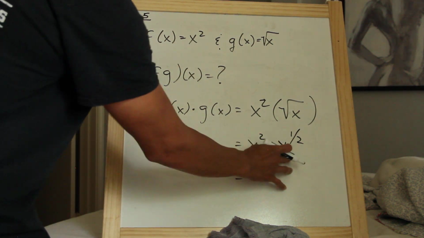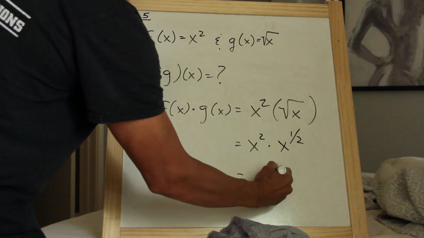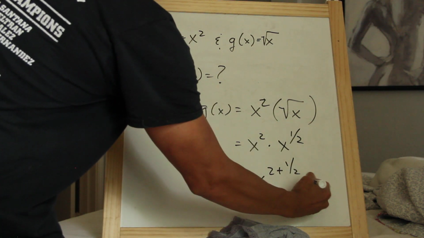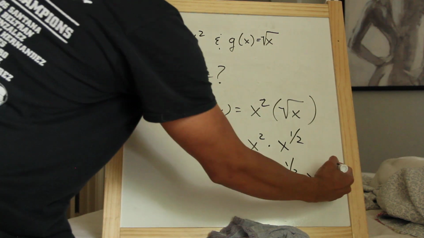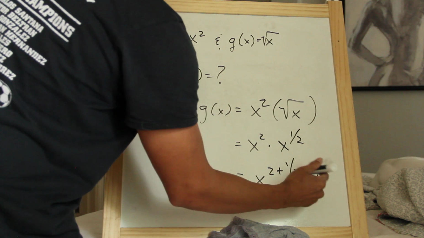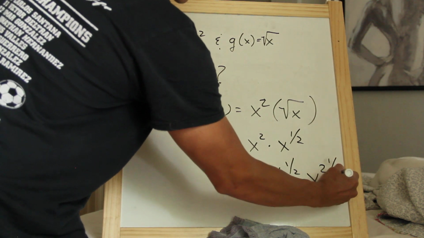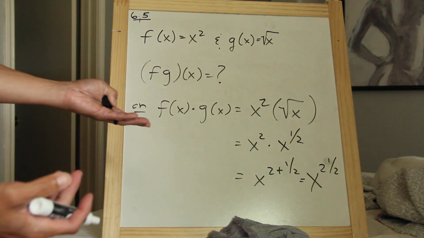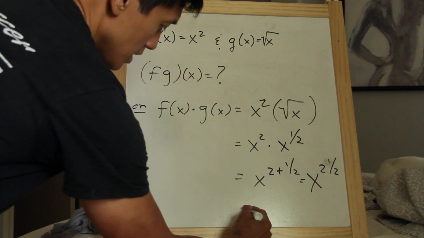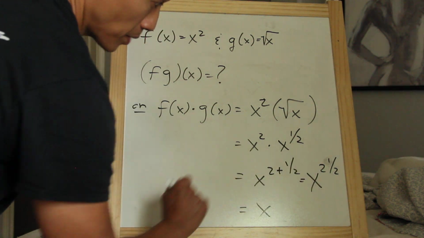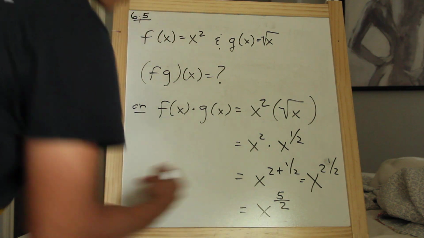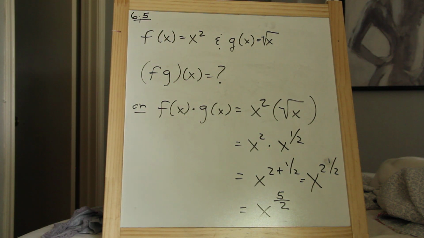These are the same base, x and x, so I add the exponents together, and therefore this is x to the 2 1/2. Remember adding compound numbers, which is basically a whole number and a fraction. If I change this one more time to an improper fraction, this is x to the 5/2. So that's the first part of my answer.